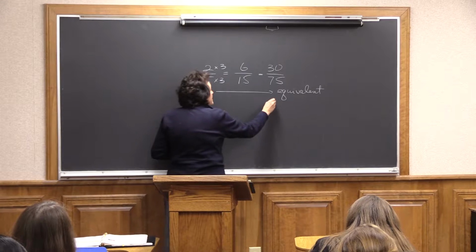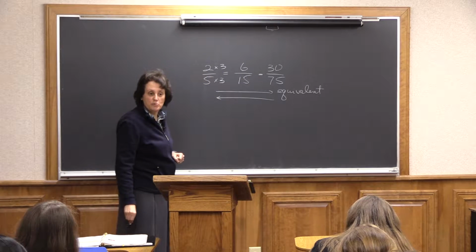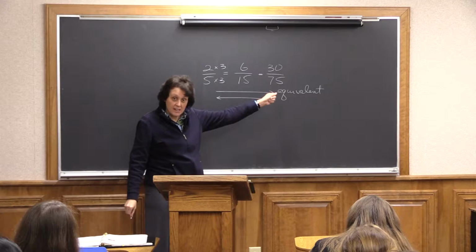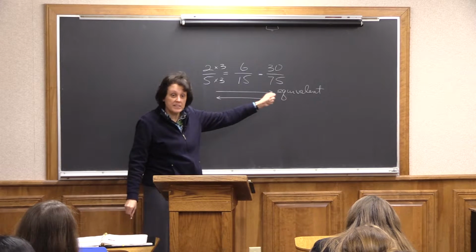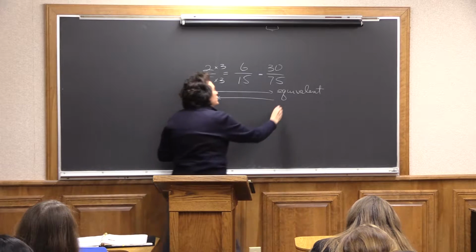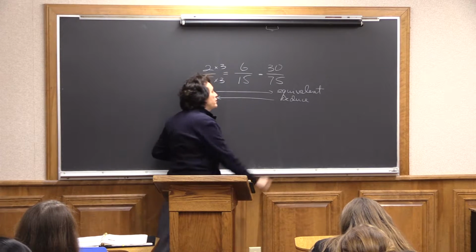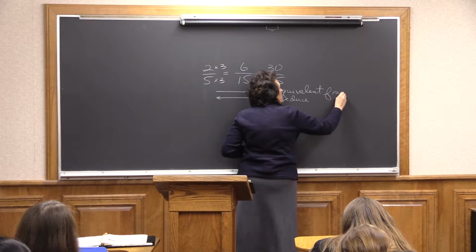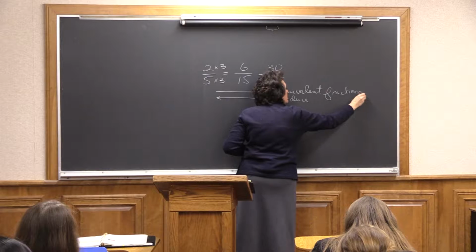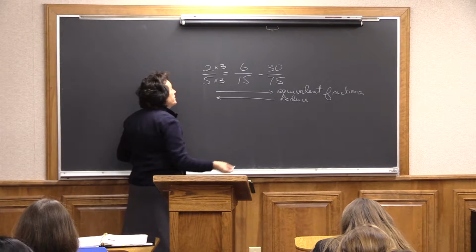All right, then going this way, equal signs are always two ways. I have to be able to raise the term of my fraction to a higher denominator or reduce my fraction down to the lowest terms. So I need to be able to form equivalent fractions, and I need to be able to reduce my fraction. Reducing, of course, is done through division.